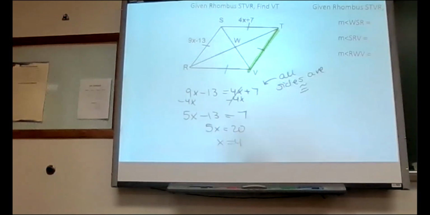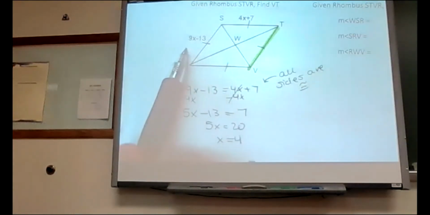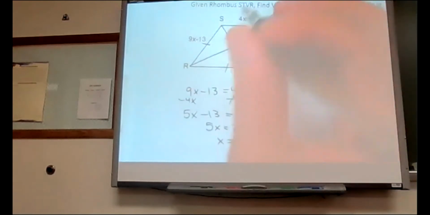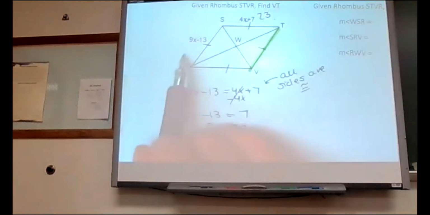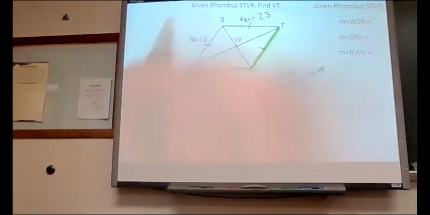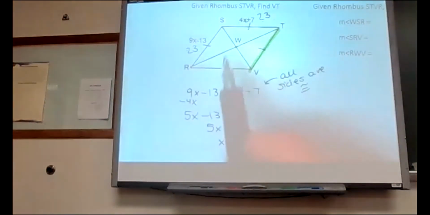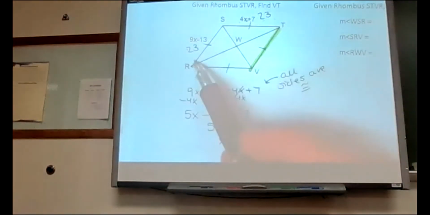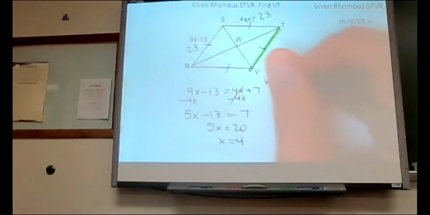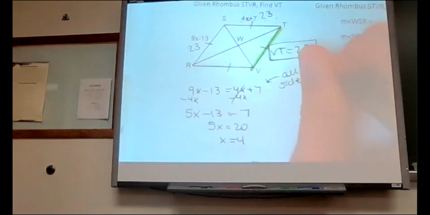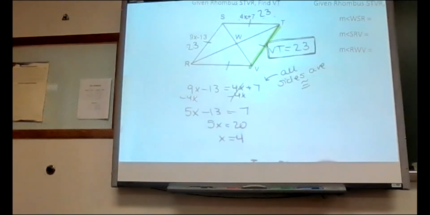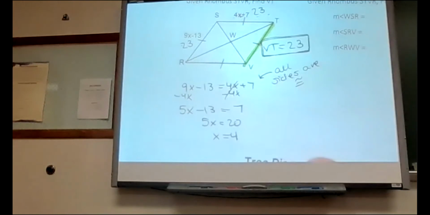I get 23, but I was looking at this one. Do you get 23 here too? 36, yeah, 23. So if I substitute in 4 here, I get 4 times 4, 16, plus 7, 23. If I were to use here, it would have 9 times 4, which is 36, minus 13 is 23. Okay, like I said, it doesn't matter because all my sides are the same. So I have 23, 23, and the side it wants, BT, would also be 23. Okay, so rhombus, all of my sides are the same.